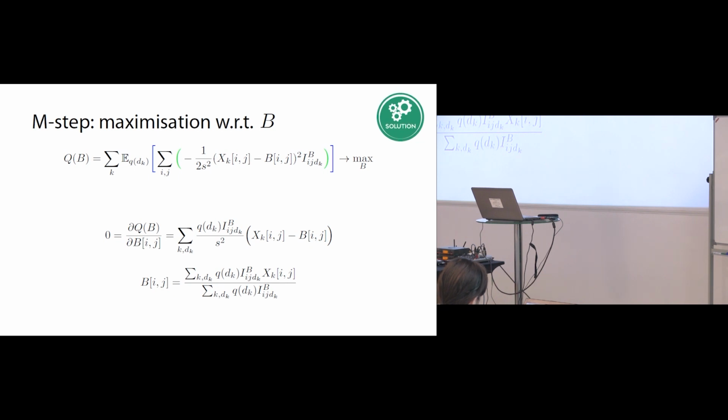The bitmap is this, I_B. It is either 1 or 0, so it's 1 if this pixel is from the background. And B_ij is the value of this pixel. So if you have a noiseless image of background, B_ij is the pixel of this noiseless image. Okay? Any more questions?